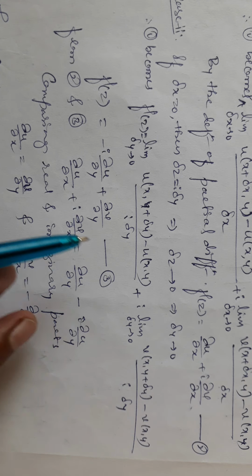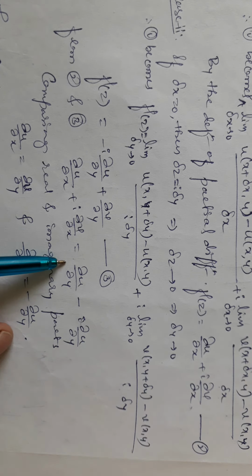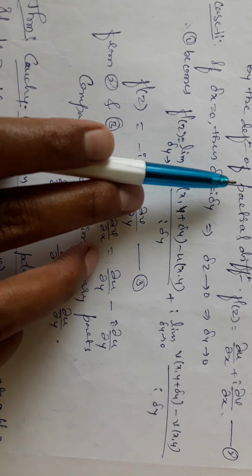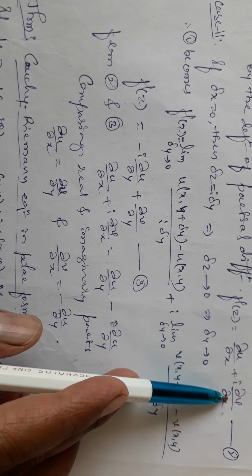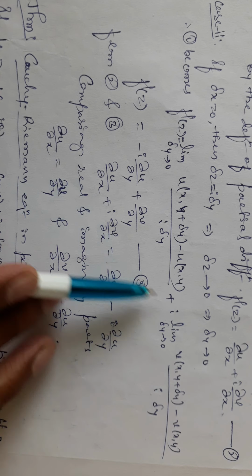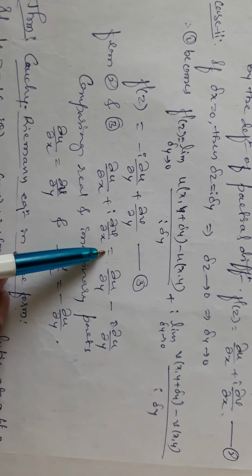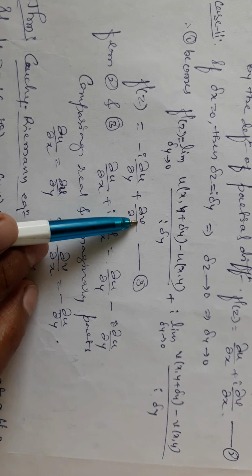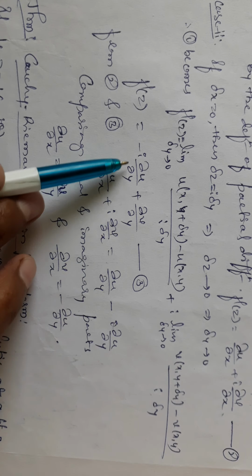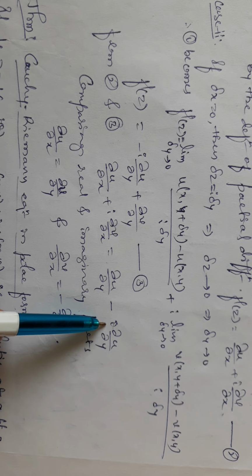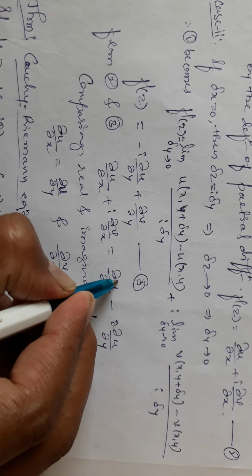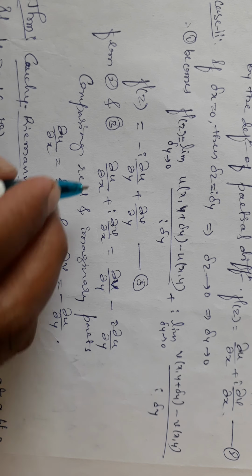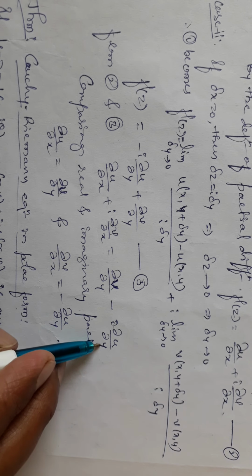Call it equation number 3. From 2 and 3 we have, here LHS is f dash of z and here LHS is f dash of z, therefore you can equate the RHS: dou u by dou x plus i into dou v by dou x equal to dou v by dou y minus i into dou u by dou y.